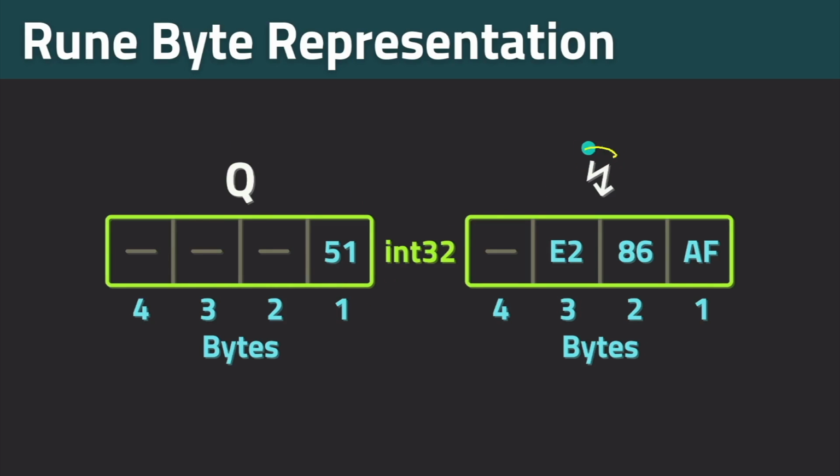To represent the zigzag, we have to have this combination of bytes in these specific locations in order to get a zigzag. The reason this is important is because the letter Q is only 1 byte, the zigzag is 3 bytes, but if we were to try to iterate over each letter, we'll actually be iterating over each one of these bytes instead of the entire letter itself. Once we get to the section on looping, we'll be covering how to iterate over the actual representations instead of the byte values.